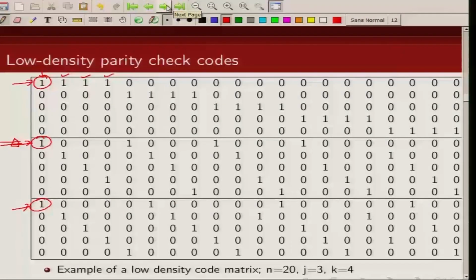Again, pay attention to this parity check matrix. Let us label each of the columns like this, let us say 1, 2, 3, 4, 5, 6, 7. That way it will be easier for us to refer to them.